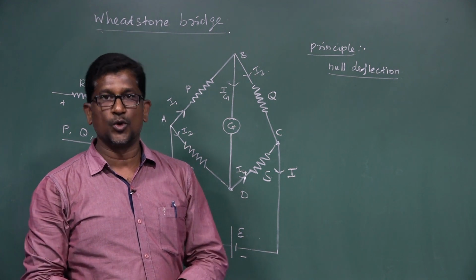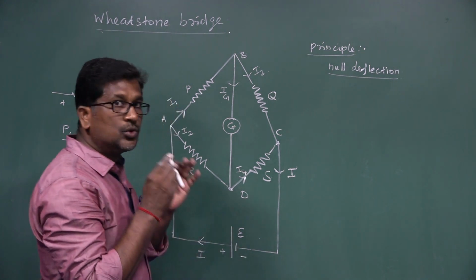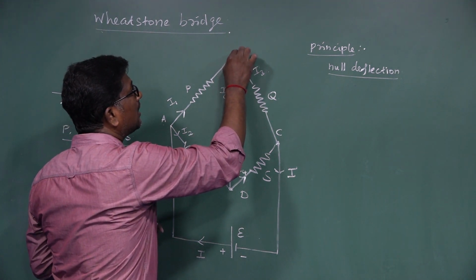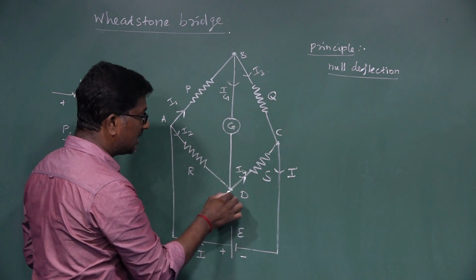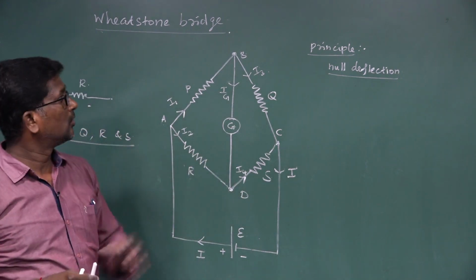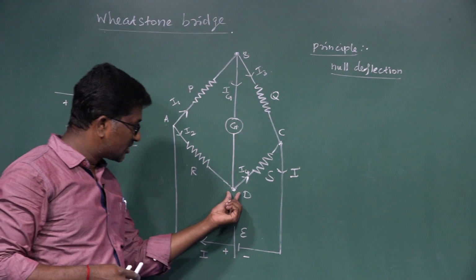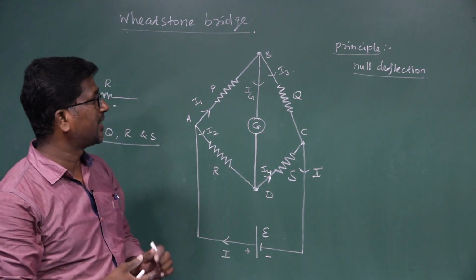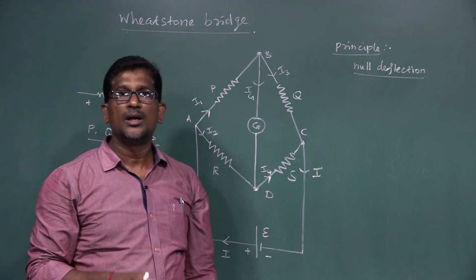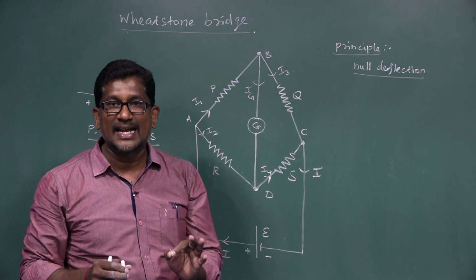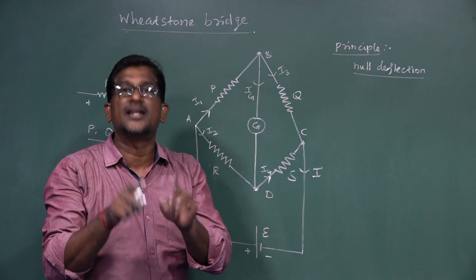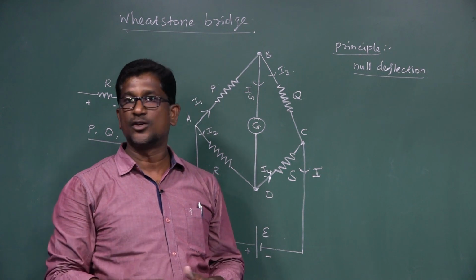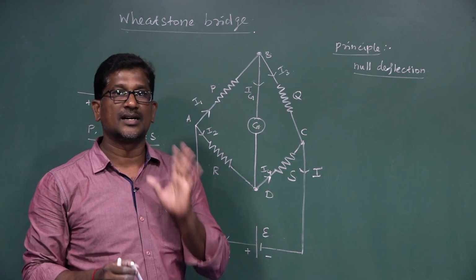Now apply Kirchhoff's first law, the current rule, at junction B and at junction D. What is the Kirchhoff current rule? The algebraic sum of the currents meeting at any junction is equal to 0. So this is Kirchhoff's current rule.